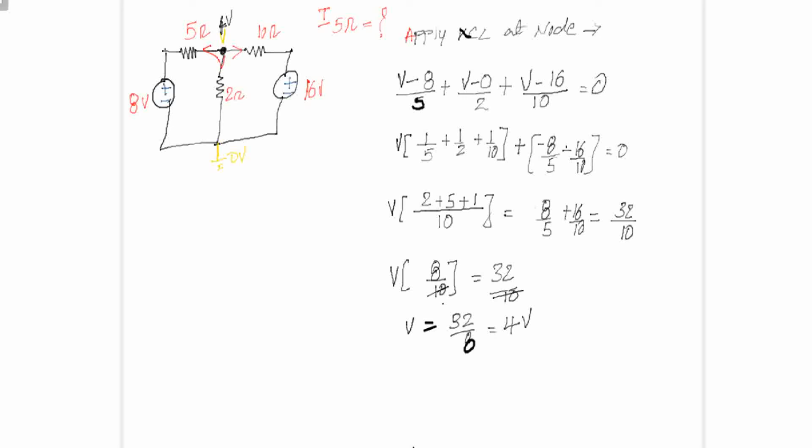In this branch, let us consider this is I1, this is I2 and this is I3. Tell me whether the I1 direction we have taken is correct. Here you have 4 volts, here you have 8 volts. Always current flows from higher potential to lower potential.